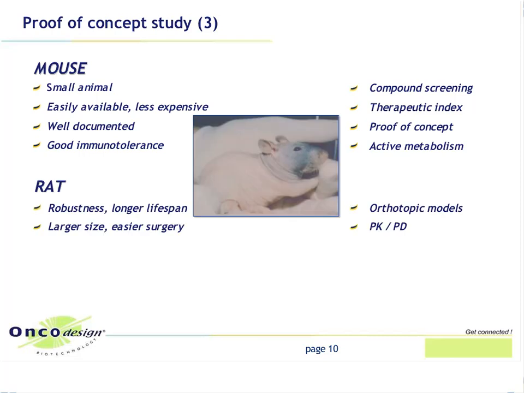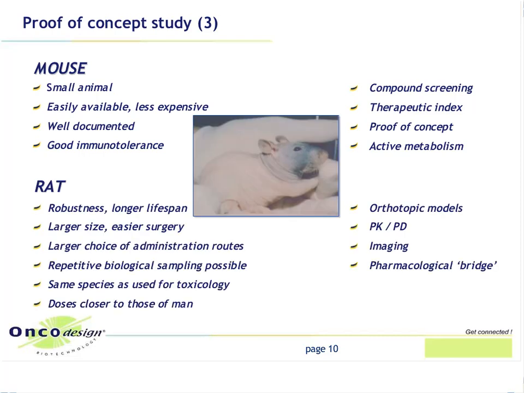In contrast with rats, which are quite robust, have a longer lifespan, a larger size, and are easier for surgery. It's quite possible to choose all kinds of administration routes. It's quite possible to do repeated sampling. The same strain will be used in general for regulatory toxicology studies.